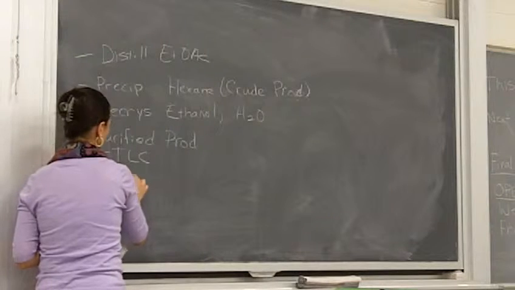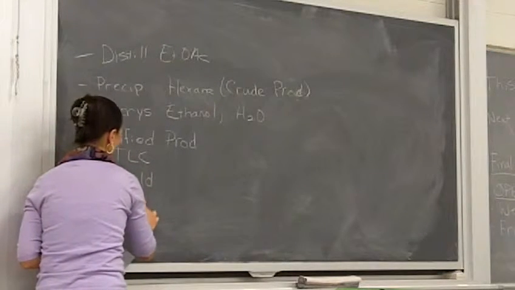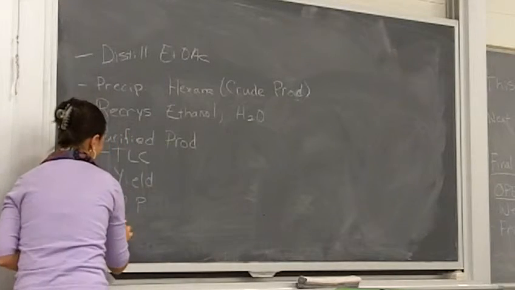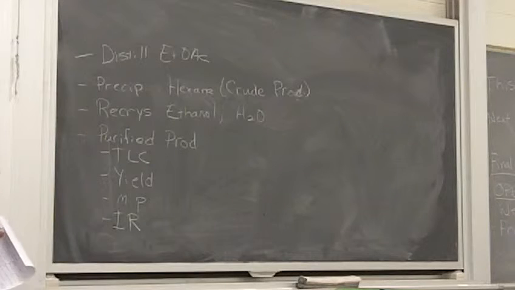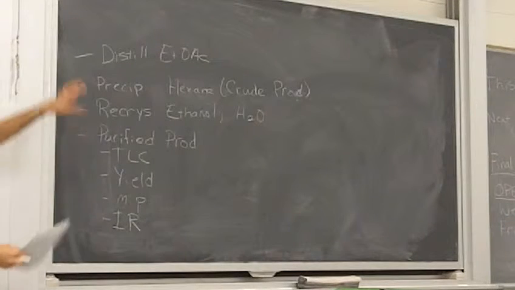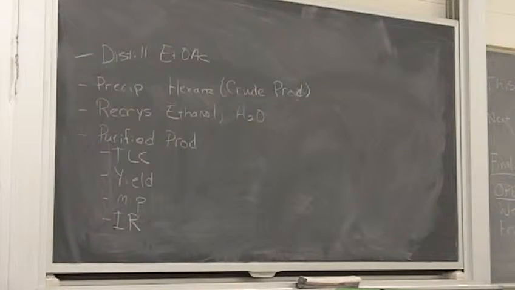You're going to want yield, you're going to want melting point of the solid, and then you're going to want to collect the IR spectrum of that solid, all right? And so all of these steps are pretty straightforward, except for the new guy is going to be everything involved with TLC. Yes? We'll talk about that here in a second. So I just want you to note that you're going to have to do this, and then we'll talk about what's involved with that here in a second.